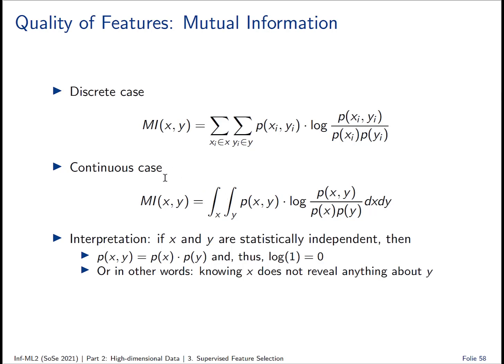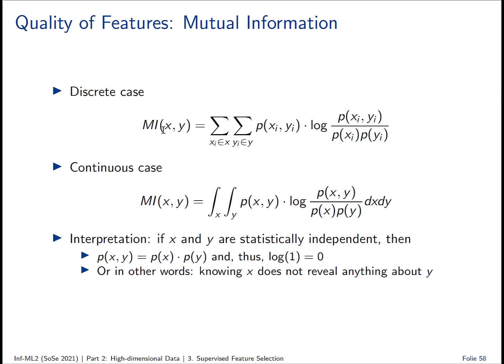In the discrete case, you can think of having a lot of bins in a histogram, so we sum up over the bins, more or less. And in the continuous case, we need to compute the integral, because we don't have the binning anymore, but it is more or less the same.